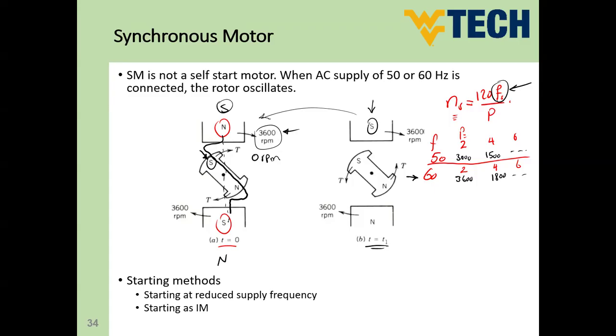If you remember, a few moments ago I said you can control the frequency using variable speed drives. So what we can do is start with a very small frequency, like 1 hertz. 1 hertz, for instance, means the period of the AC supply is going to be 1 second.